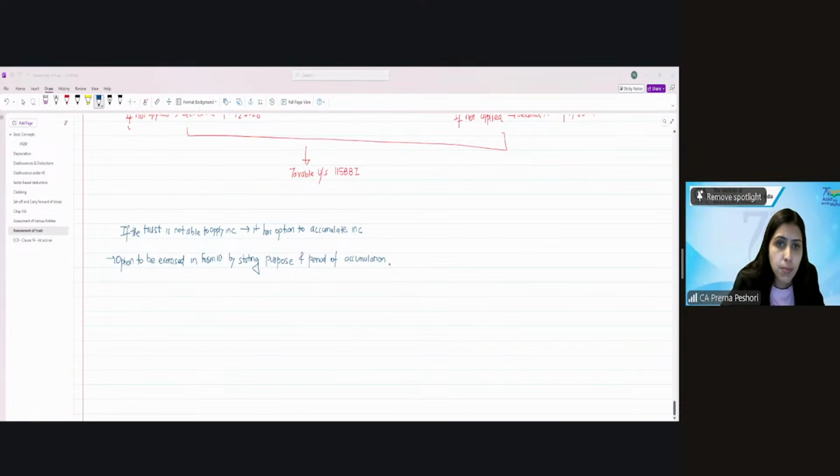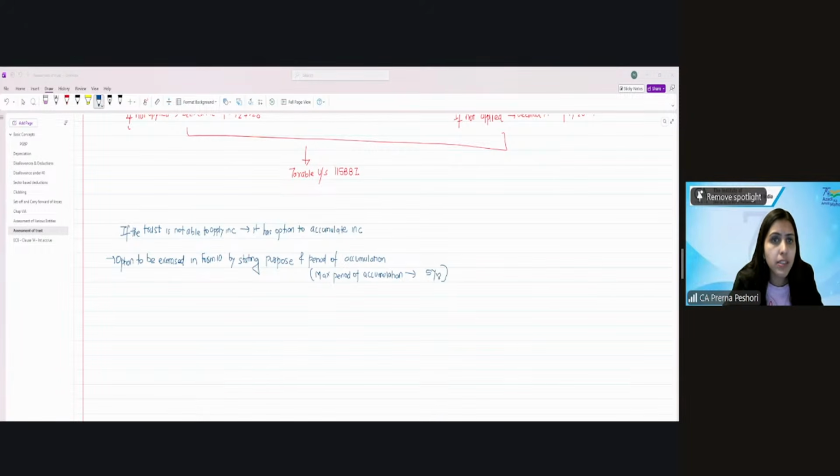Clear? And the maximum period for which it can be accumulated is 5 years.